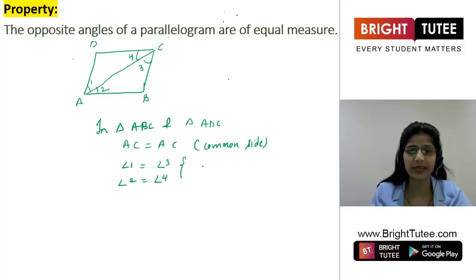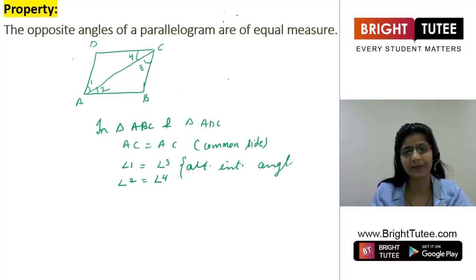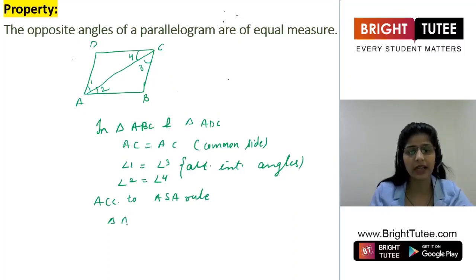Reason has already been explained in the previous property. They are alternate interior angles. Right? So we have one included side and two of the angles as equal. So according to angle side angle rule, the triangle ABC is congruent to triangle ADC.